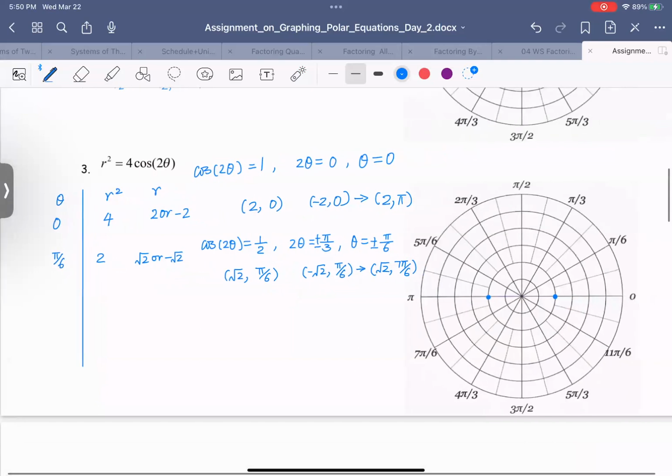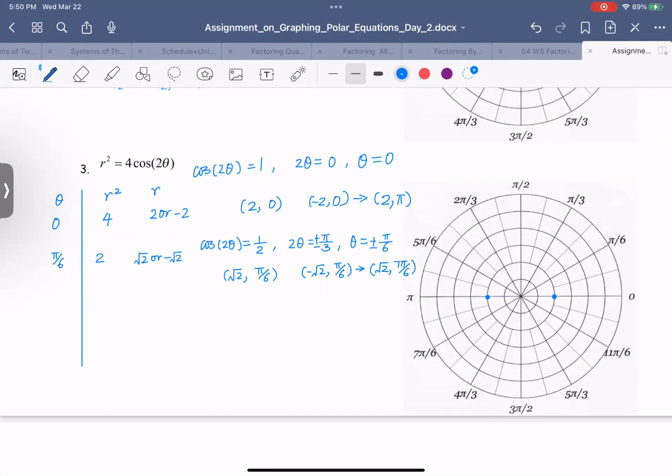So we will mark those 2 locations. You have pi over 6, square root 2, which is 1.414. You can make it close to 1.5. So you have a point over here, and then the other one at this location, 1.4 at 7 pi over 6.